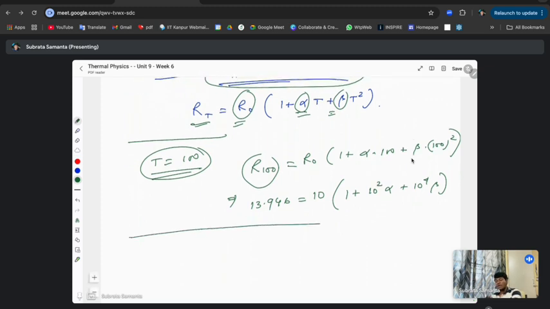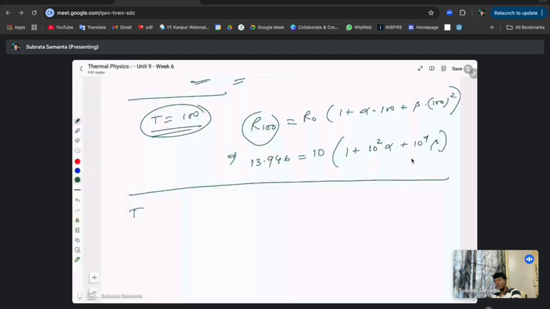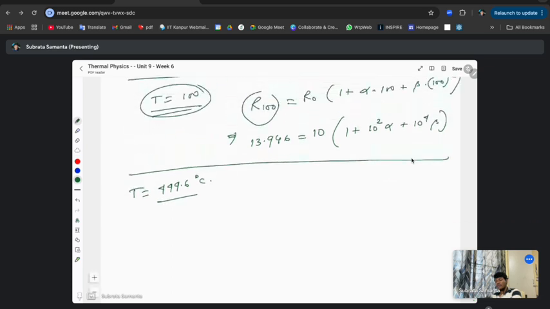Now I can do the same thing at T equals 444.6 degree centigrade. Let's mark the previous equation as 1.